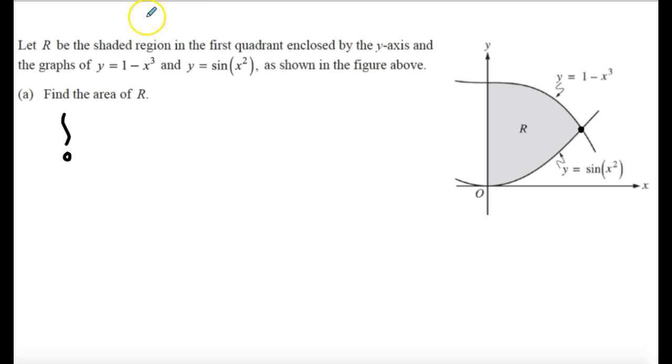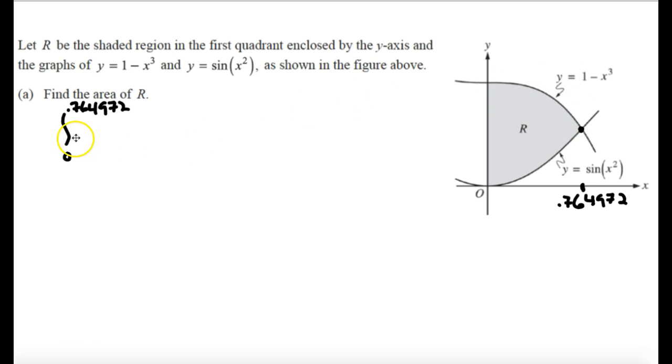But if we do that, that value ends up being 0.764972. So that'll be my upper limit of integration here.